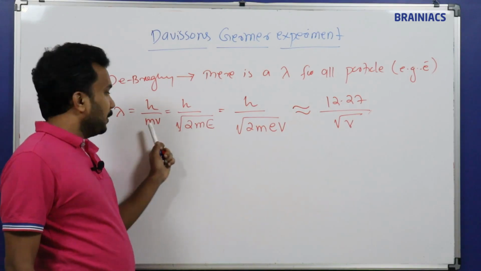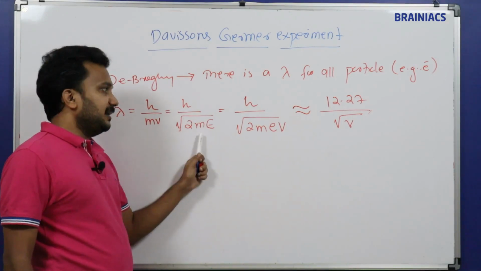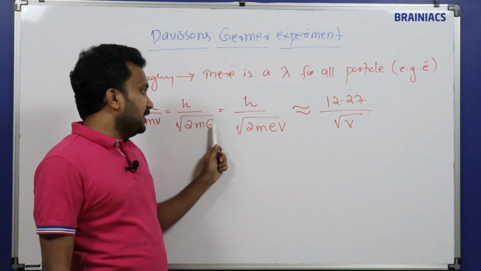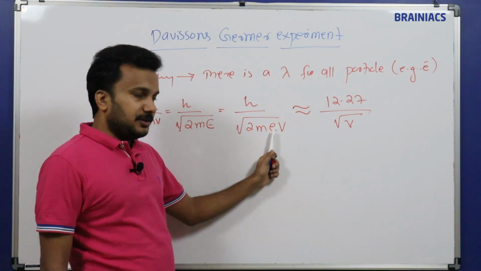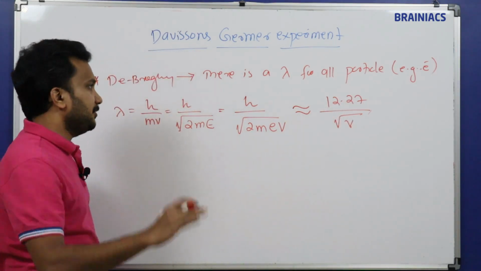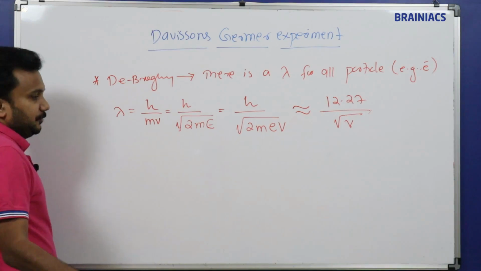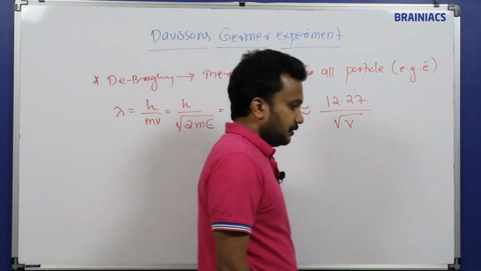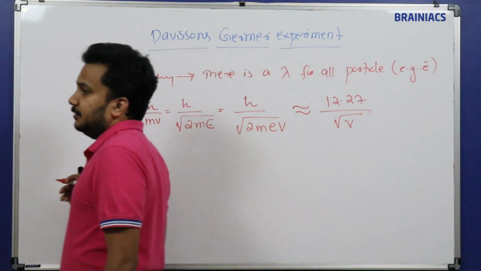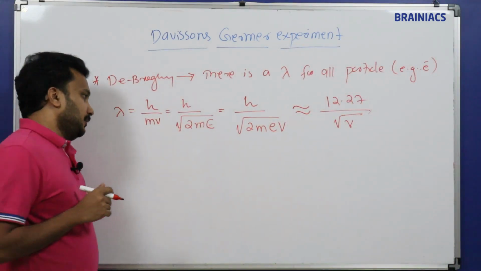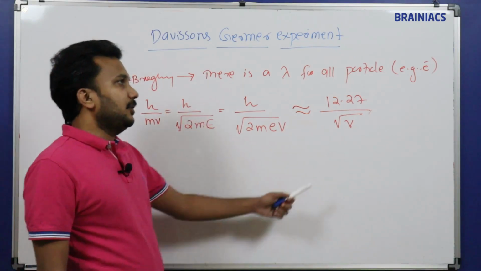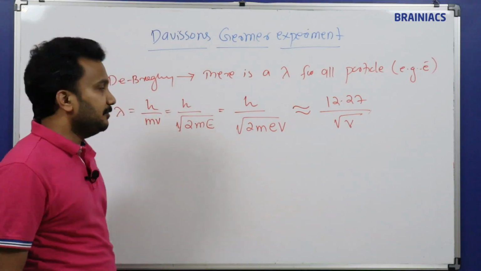This is the momentum and energy relation, and the momentum is root of 2m eV. E is equal to qV, q is the electronic charge, so it is eV, V is the voltage. So we got this formula. Hope you remember from the last session. Or if you turn one or two pages back in your notebook, if you have been regularly writing the class notes, definitely you can see this in your notebook. So we know the value of lambda, and if voltages are given, we can find out the values of lambda.